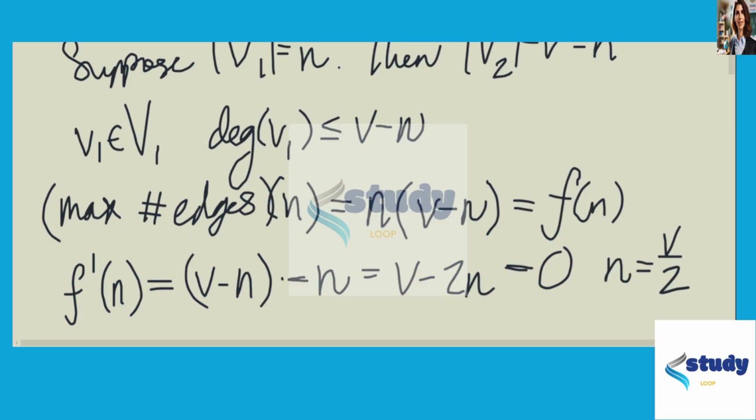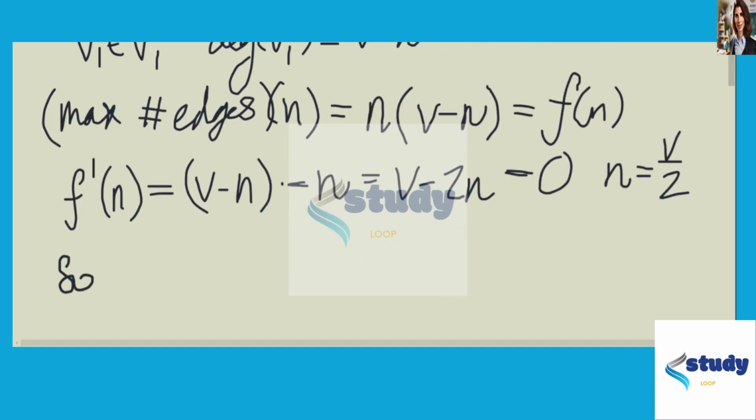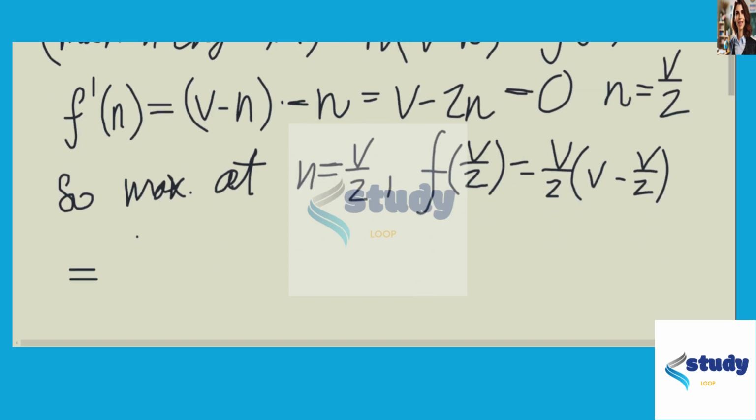So the maximum, we know, occurs at n equals V over 2, and we have that f of V over 2 is equal to V over 2 times V minus V over 2. And this is the same as V over 2 squared, which is V squared over 4.